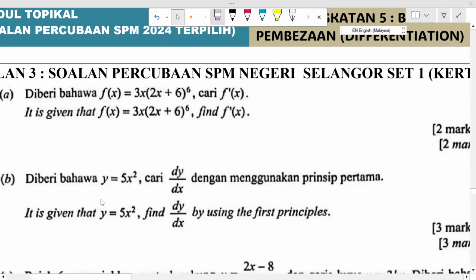Second one, dy/dx using the first principle. Okay, alright, correct. Okay, correct. Okay, only the A, part A not correct. Can you see? Okay, this one. Stay V, differentiate U, plus stay U, differentiate V. 6 to the front, and then 2. Okay. 6, 12.